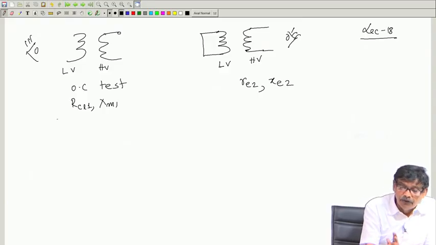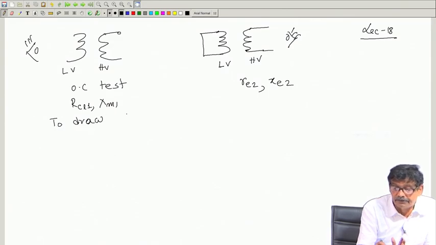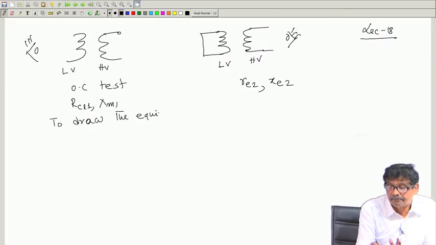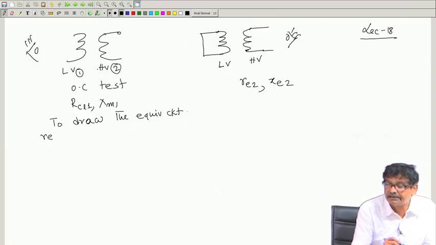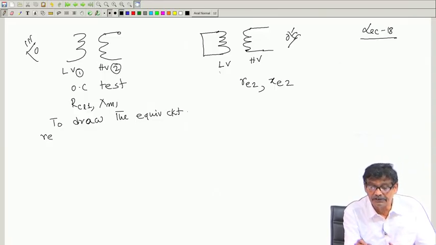Therefore, now I want to draw the equivalent circuit. To draw the equivalent circuit, suppose the LV side I am calling side 1, the HV side I am calling side 2. So this is 1, this is 2.